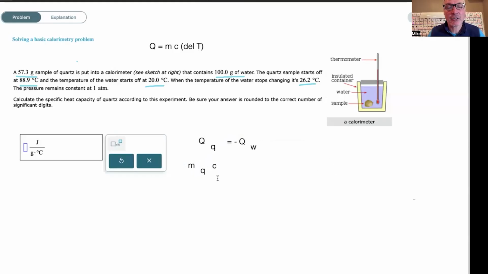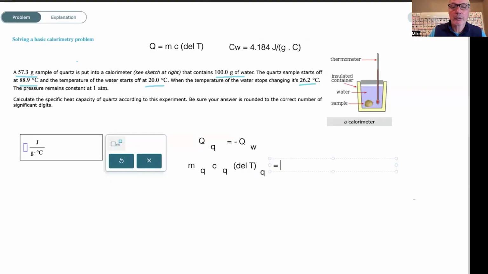And they didn't give it to us, but I'm going to assume that they're assuming that we're going to look up the specific heat capacity of water, 4.184, right? C water is 4.184 joules per gram per degree C. That's a given. Otherwise, this is going to be really impossible.